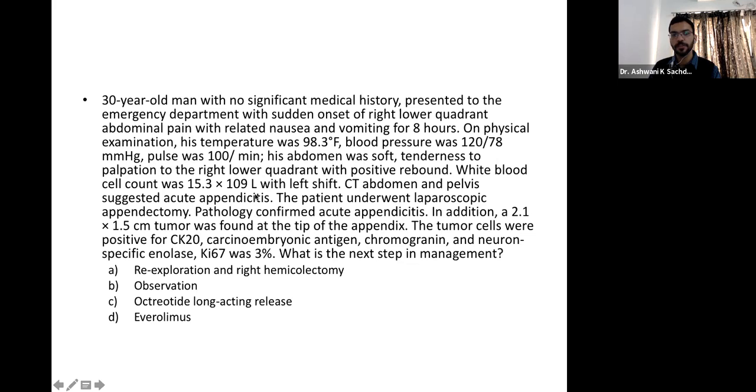He underwent appendicectomy, and pathology confirms acute appendicitis with an additional 2.1 by 1.5 centimeter tumor, which is a neuroendocrine tumor, CK20 positive. So what is the answer?